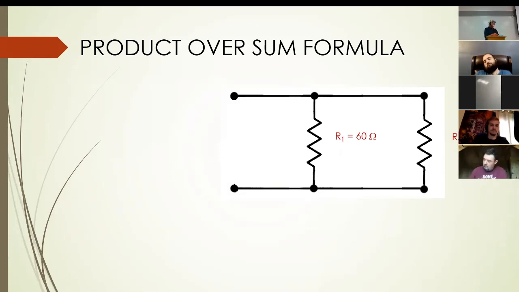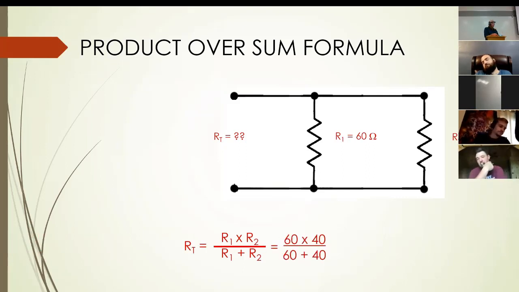So the product would be 60 times 40, and the sum would be 60 plus 40. And if I plug those numbers in, I get 24 ohms.